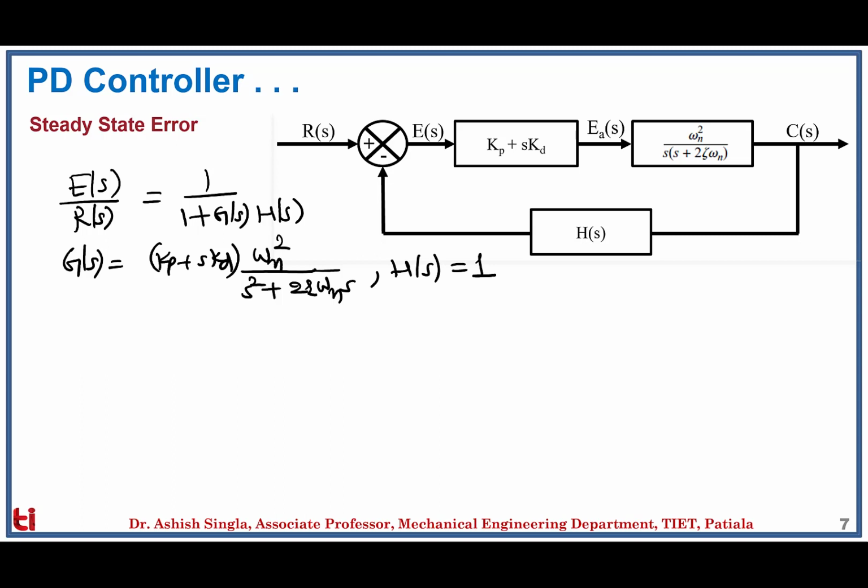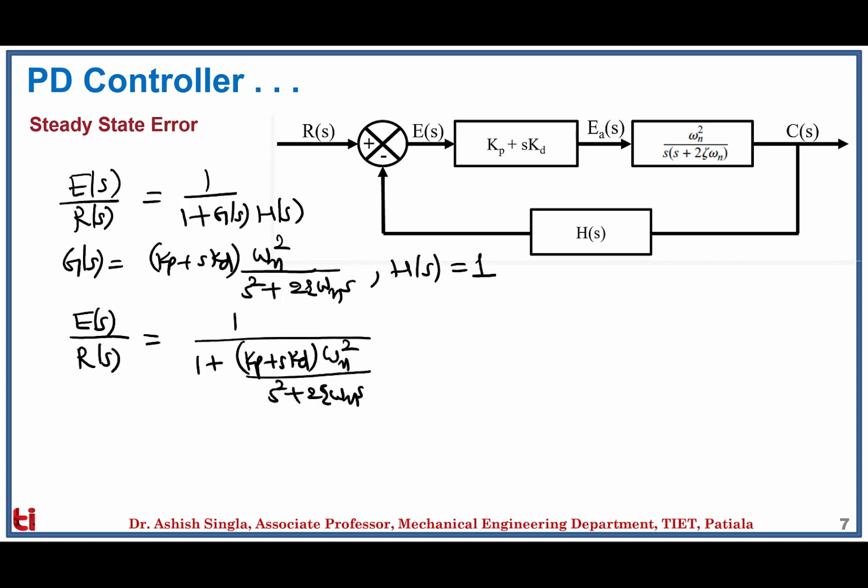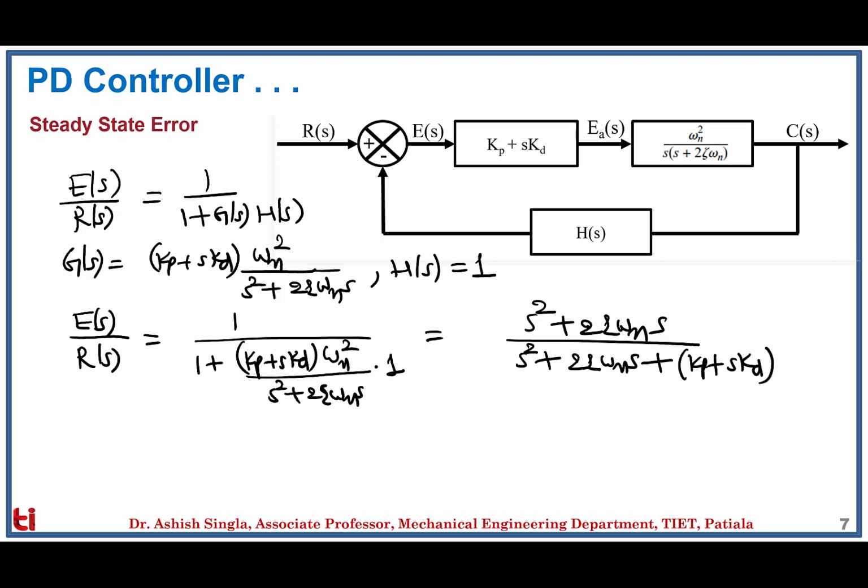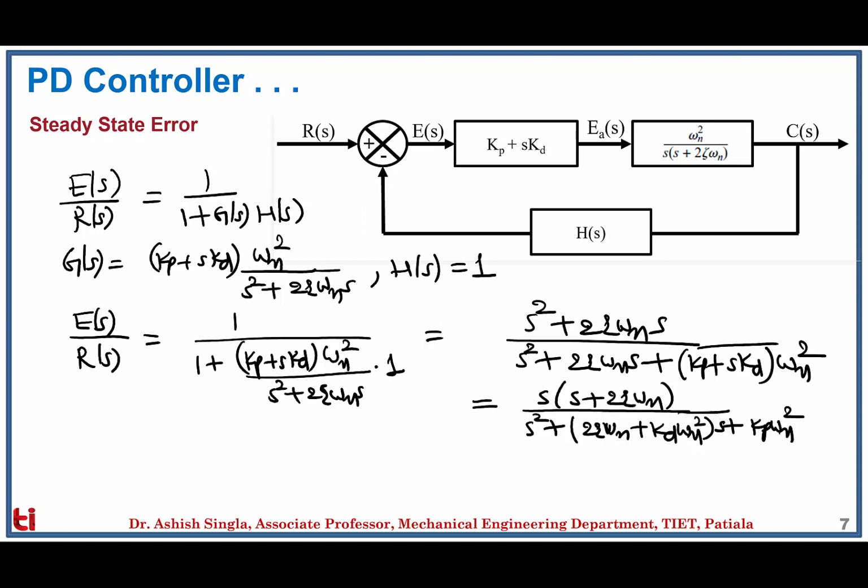So if we plug in these values, we find that the steady state error is equal to 1 upon 1 plus (kp plus s kd) times omega n square upon s square plus 2 zeta omega n s, and finally we know that the steady state error is equal to limit s goes to 0 of s into E(s).